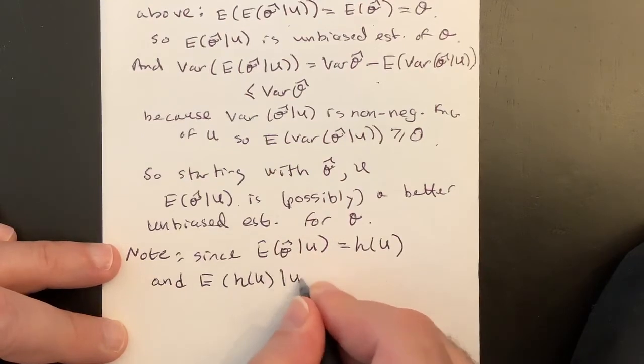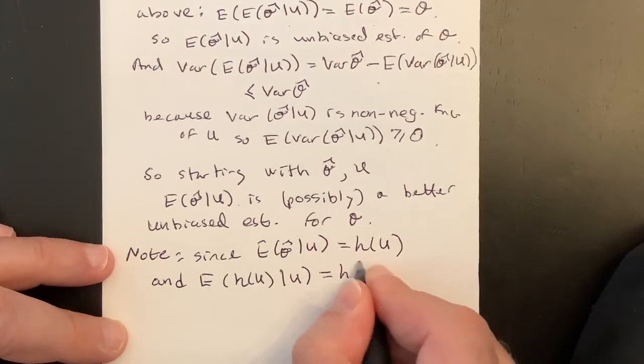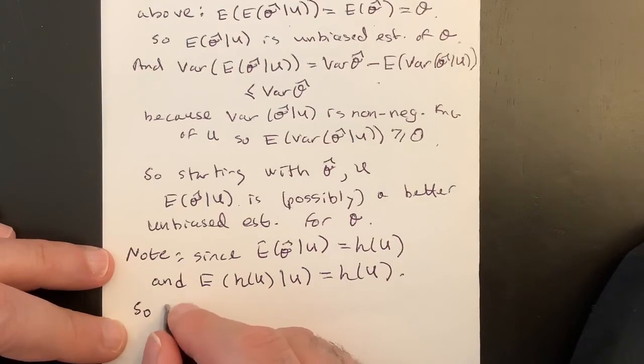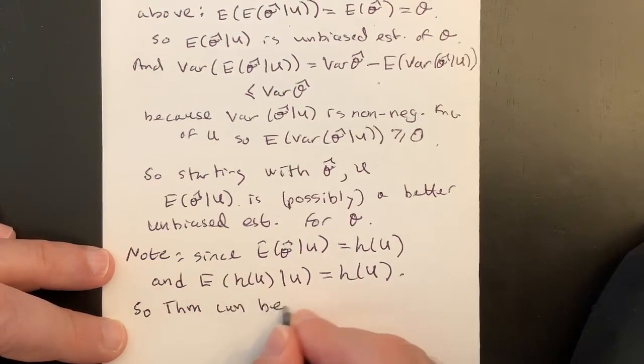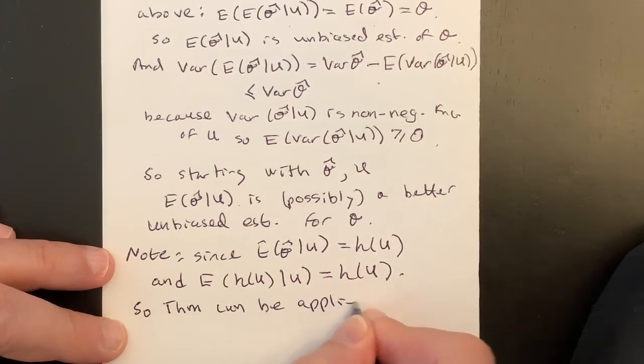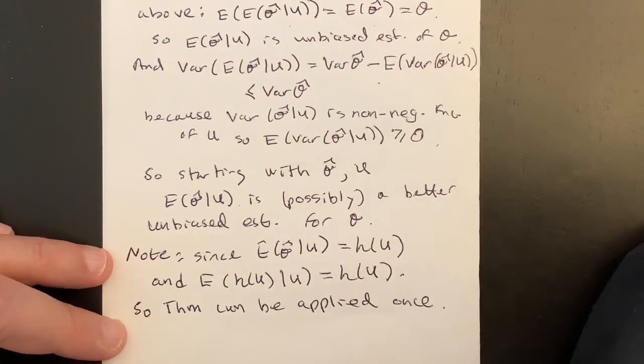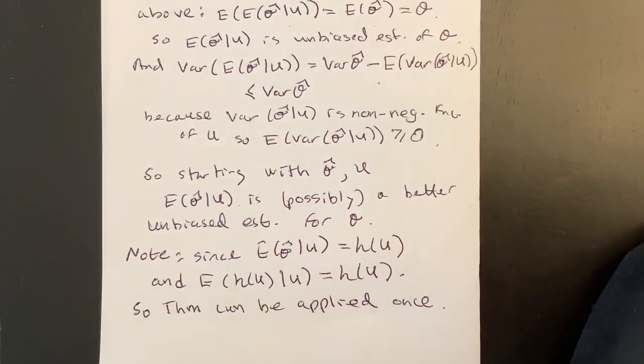E of h of u given u is still h of u. So this theorem can be applied once. If you apply it again, you're wasting your time. You're going to get the same thing back.